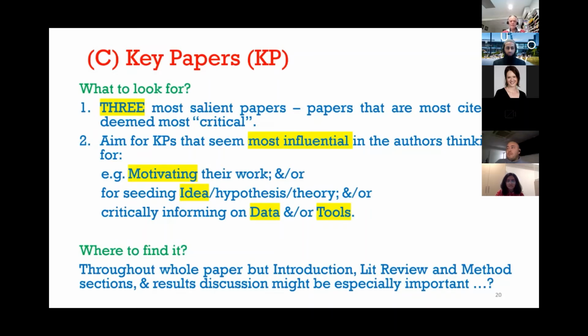So where to find it? Well, these key papers are probably throughout the whole paper, but the introduction, the literature review and the method section, and perhaps also the results discussion might be especially important.